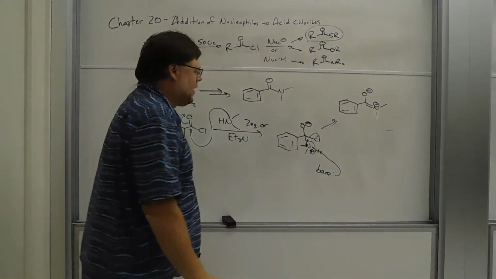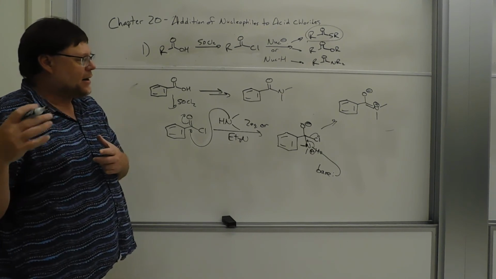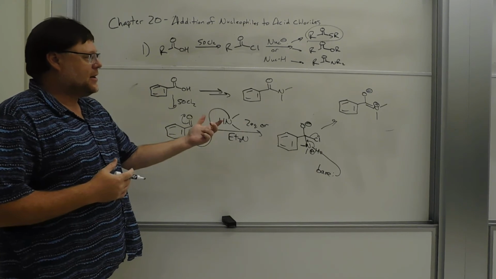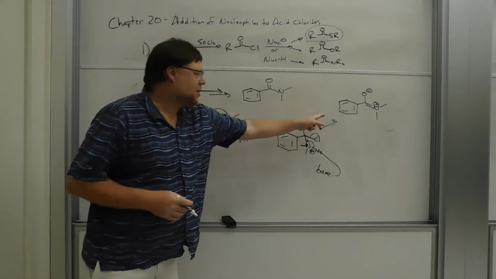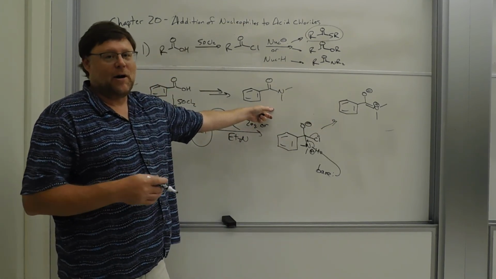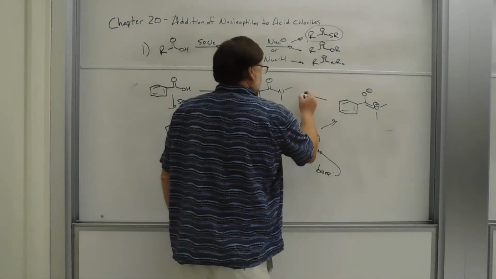So you remove that proton from the nitrogen, and you get this compound that's got a carbon-nitrogen double bond with a nitrogen plus, and a CO single bond with an O minus. So what's the relationship between this molecule and that molecule? You can hit pause and think about it if you want. All right, they're resonance structures.